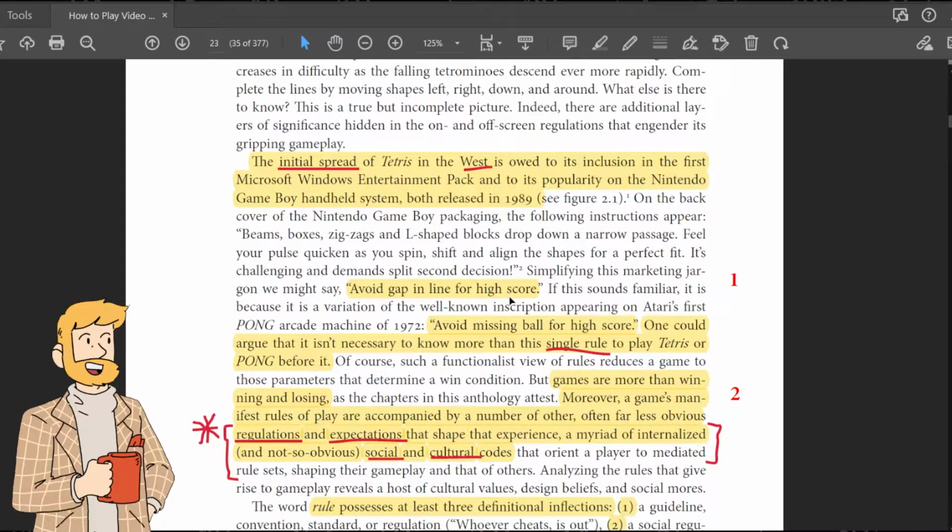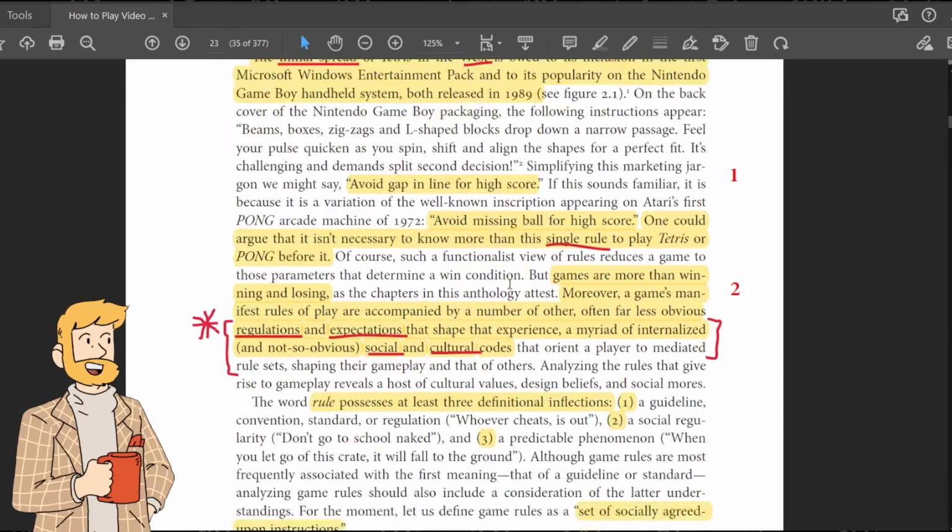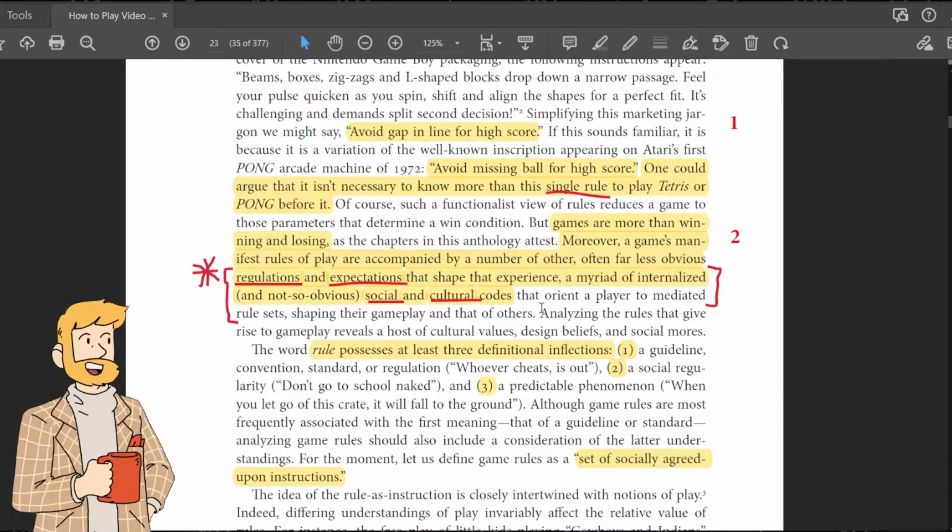However, Nohr really wants to draw our attention to a different set of rules that also structure our gameplay experience. In this second quote here, Nohr writes that games are more than winning and losing. Moreover, a game's manifest rules of play are accompanied by a number of other, often far less obvious, regulations and expectations that shape the experience.